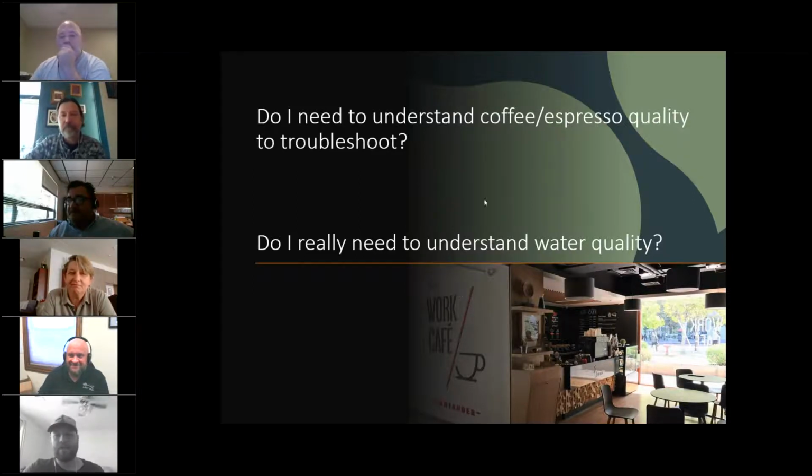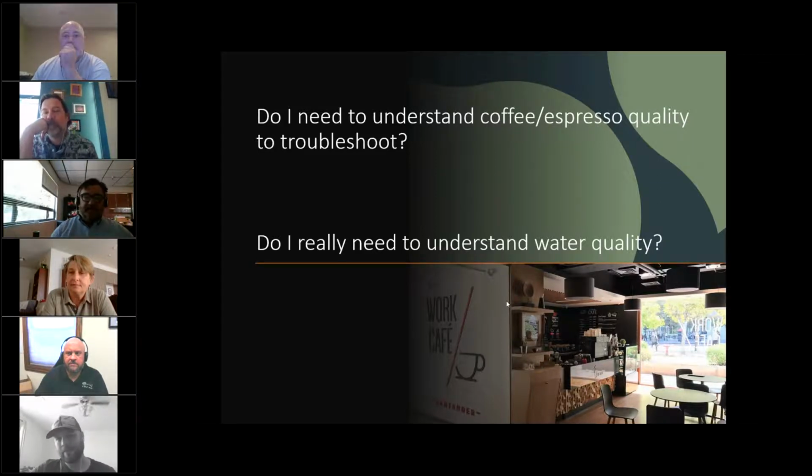Well, I'll go ahead and take the top one there. Yes, if you don't understand what coffee should look like and what it should taste like, you're highly handicapped going into this process. You can take visual cues and understand how something is pouring.